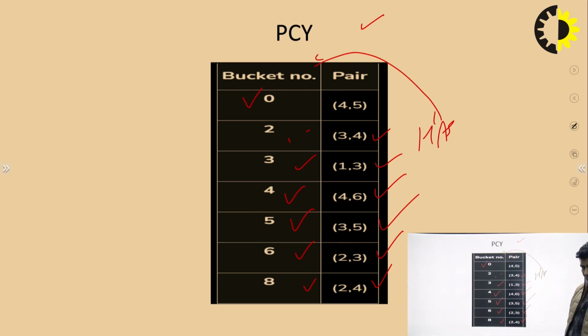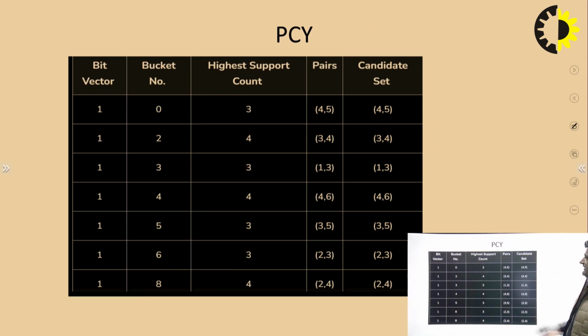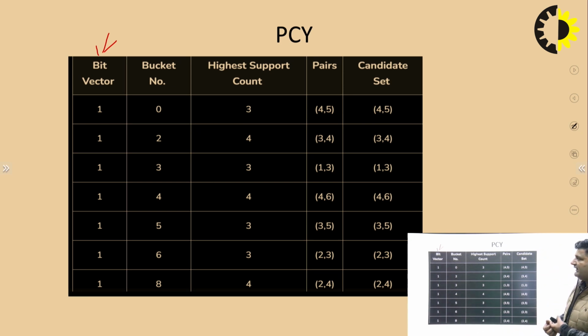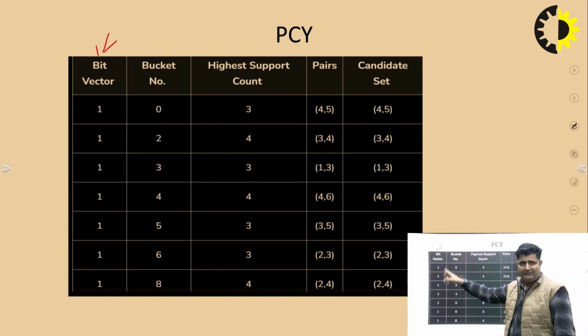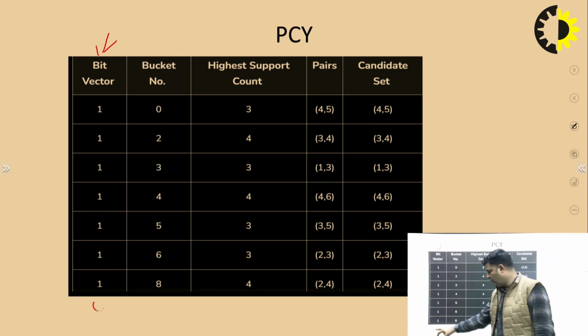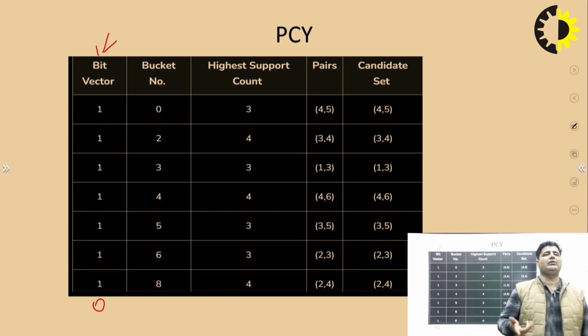So now, what is the final representation of this algorithm? We have the bit vector: if the element lies in a bucket whose count is 3 or more than the threshold value, the value is always 1. If the value is less than the threshold value 3, the answer is 0. But we have removed all those items from this.